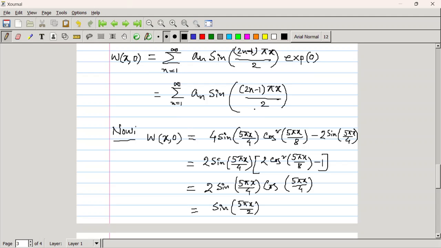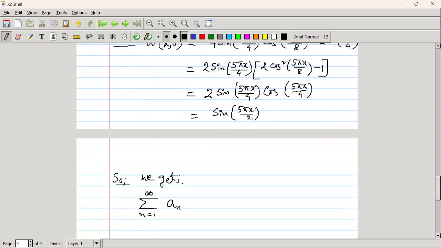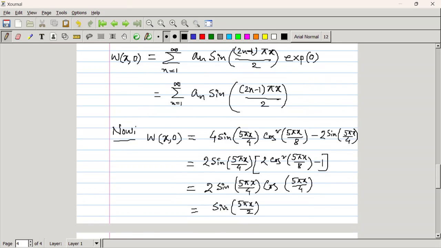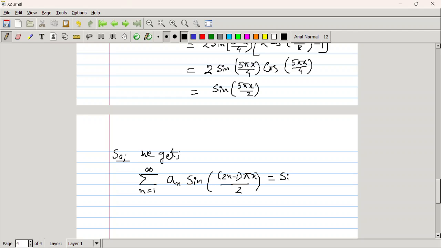Now you have to find a n. So we get the summation from n equal to 1 to infinity of a n sine (2n minus 1) pi x by 2 equal to w(x, 0), which is sine 5 pi x by 2.